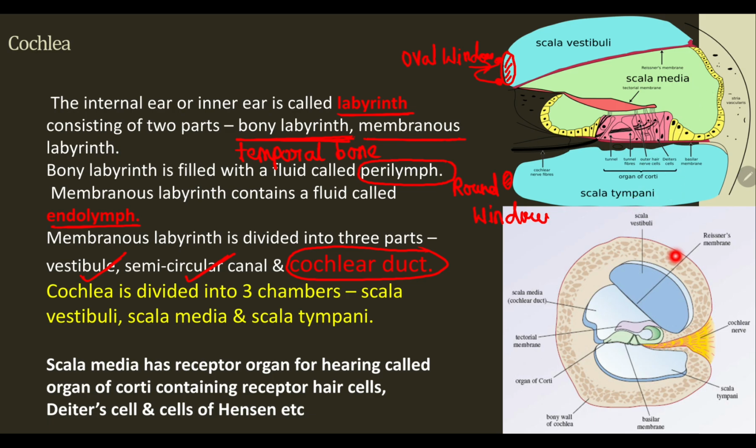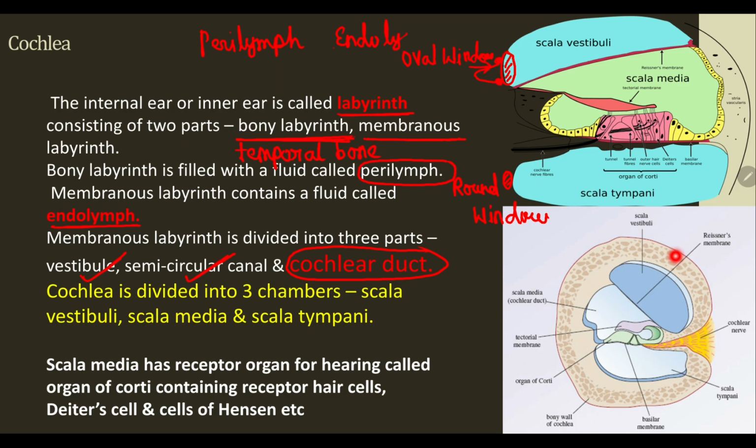The scala vestibuli and scala tympani are filled with a fluid called perilymph. And the scala media is filled by endolymph.